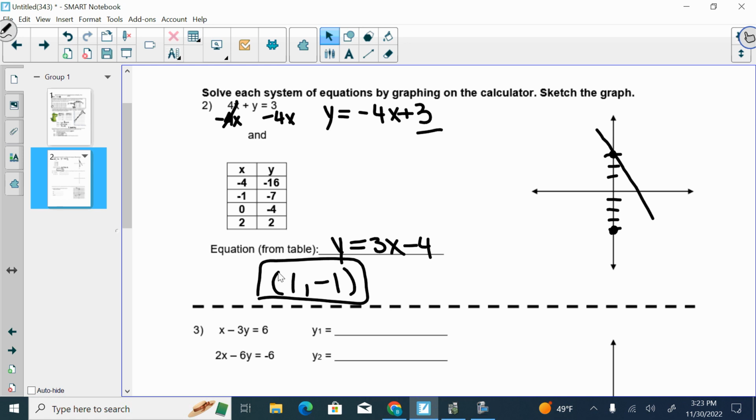I'm going to put a point there, and it had a positive slope. So it slants the other direction. So whenever I draw those in, they end up crossing right about here, which is at a +1, -1.